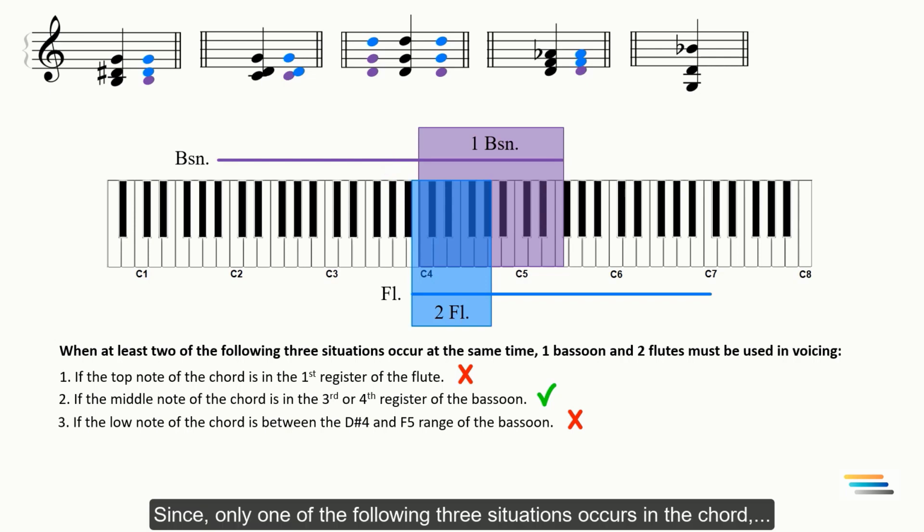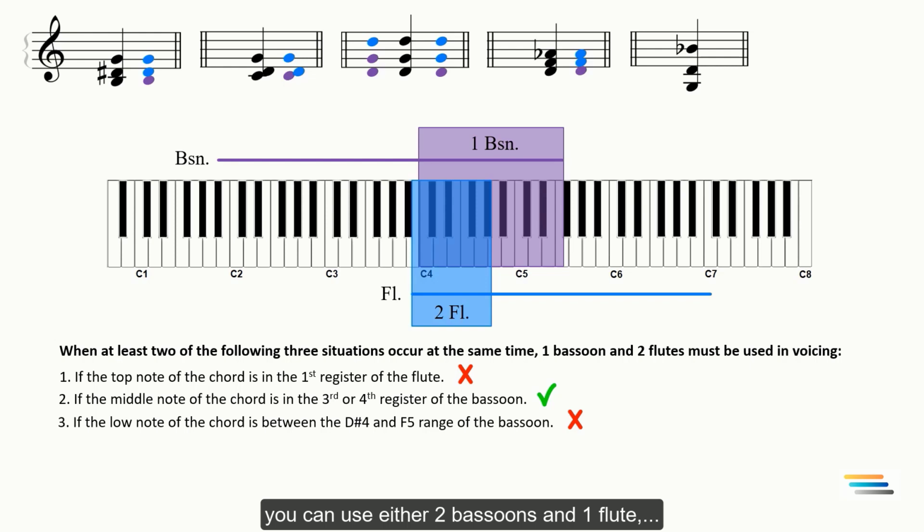Since only one of the following three situations occurs in the chord, you can use either two bassoons and one flute, or one bassoon and two flutes. Both types of voicing are quite soft and work well. What about the dynamics?